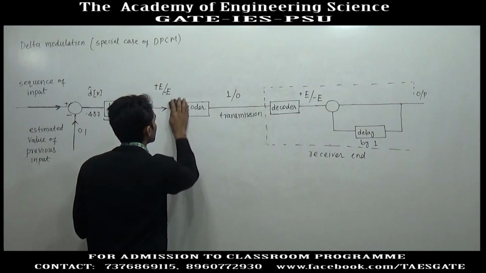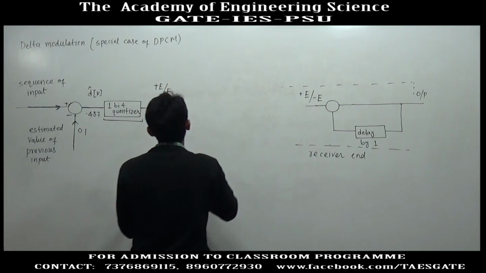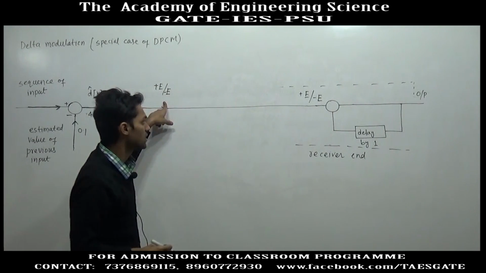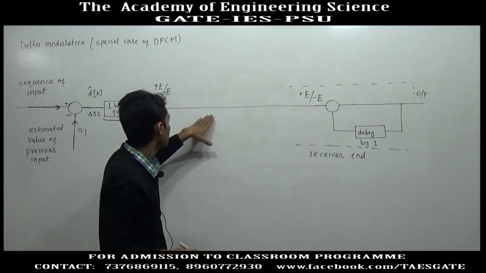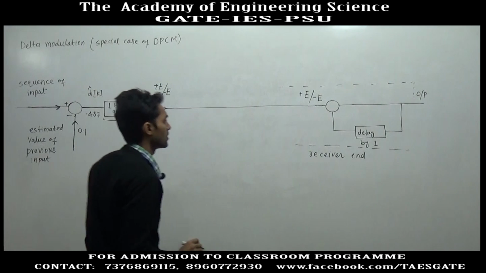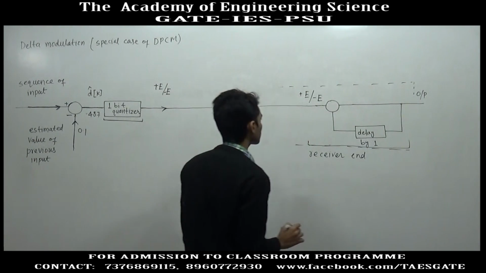If I erase this, we will have plus E or minus E being transmitted, and plus E and minus E being received. So, I have removed the encoder and decoder here. We will understand what this block diagram does.